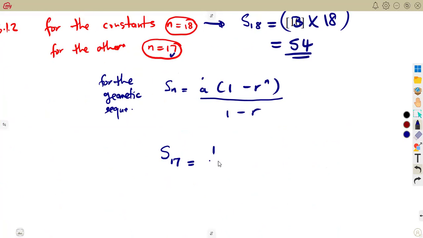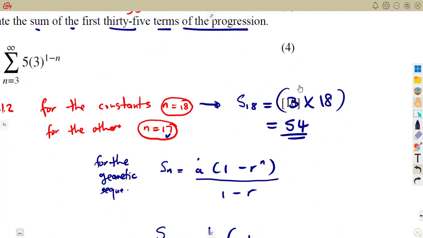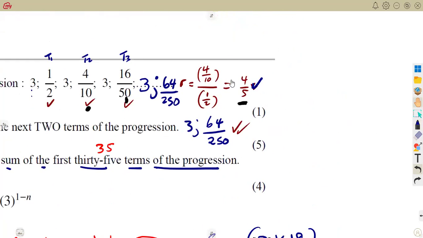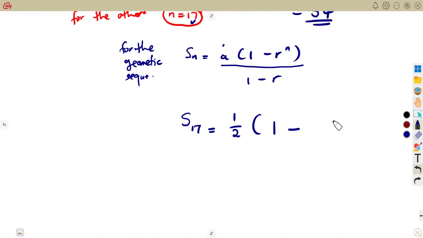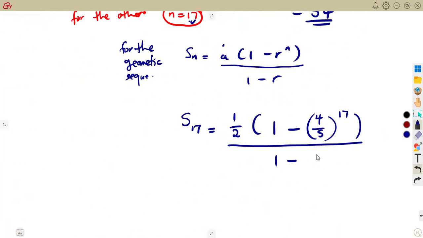So that was going to be 1/2 into 1 minus r there, which is the ratio that we have between these terms, which is 4/5. So that's (4/5) to the exponent of 17. Remember, n, there are 17 terms that we are going to remain with. Everything over 1 minus r. Remember, our ratio there is 4 over what? 4/5. So that is it.